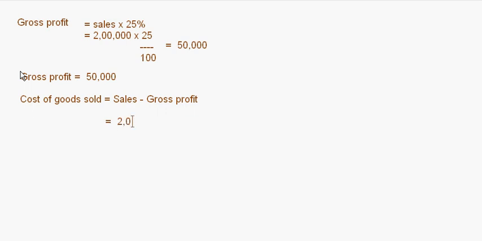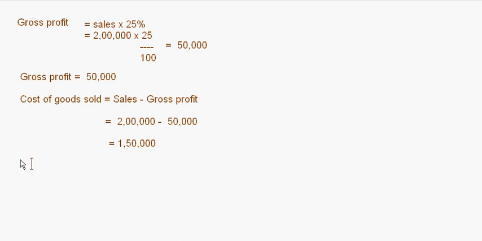So this will be 2 lakh is the sales minus gross profit is 50,000. So the cost of goods sold is equal to 1,50,000. Okay. So gross profit we found out first. From the gross profit we found the cost of goods sold.